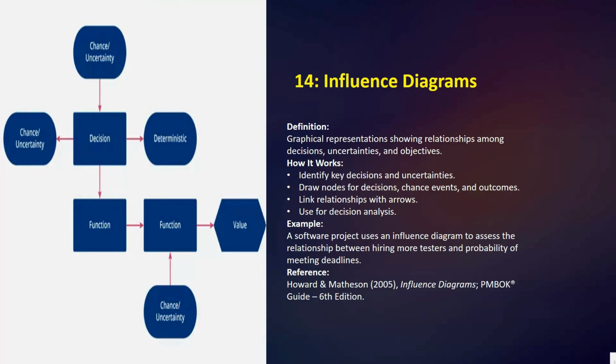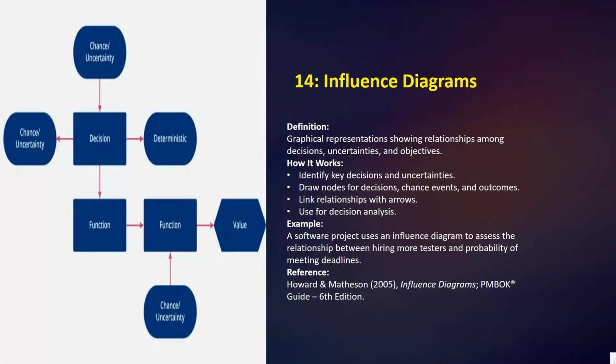Okay, so first you draw a diagram with different shapes called nodes. These shapes represent the decisions, uncertainties, events, and project goals. Arrows connect the nodes to show how they influence one another. Here you can see in the picture.